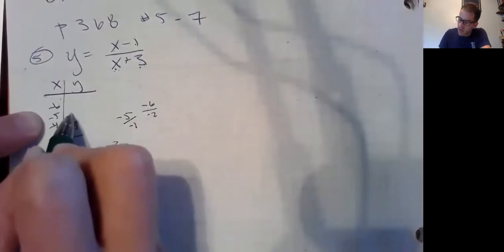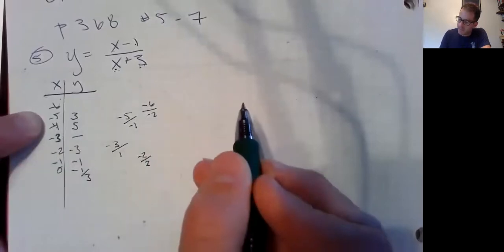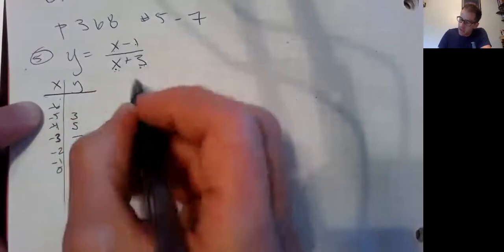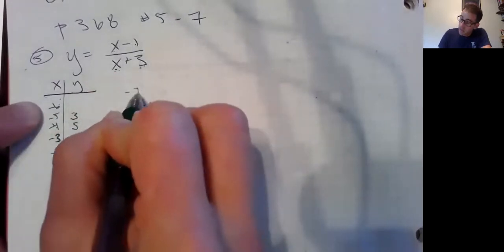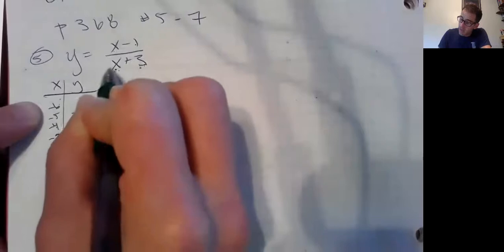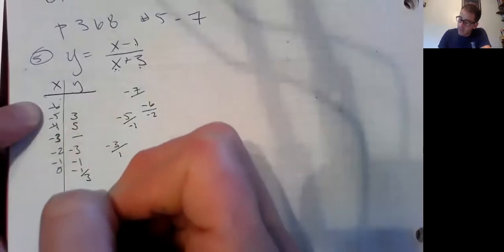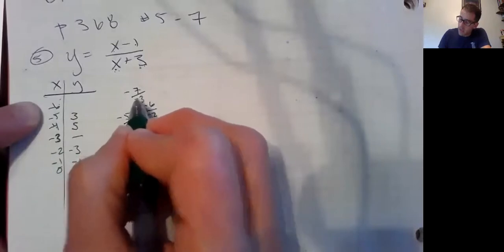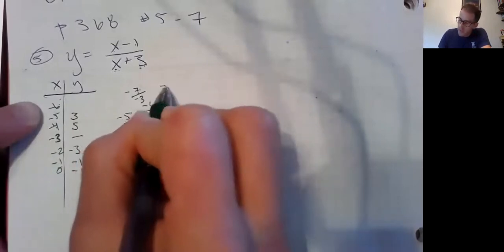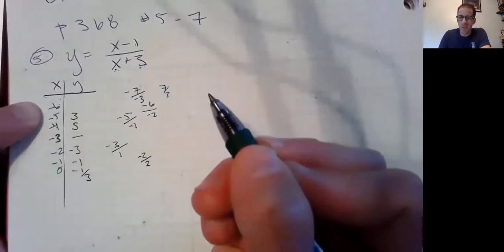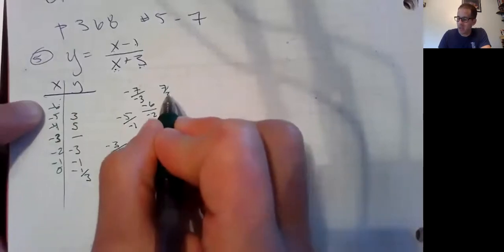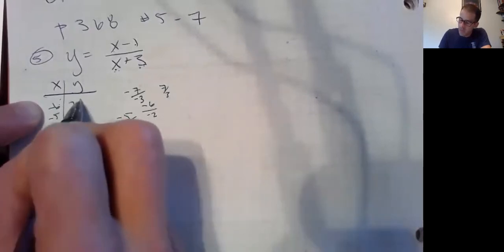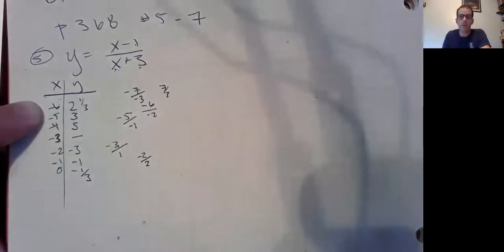This simplifies to +3. -6 take away 1 is -7, -6 plus 3 is -3. So that simplifies to 7/3, but I don't want to use an improper fraction here. 3 goes into 7 2 times with 1 left over, so that's 2 1/3.